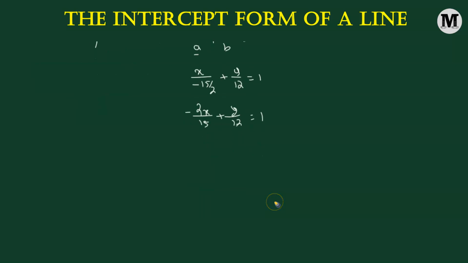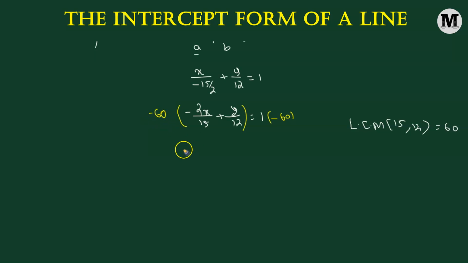We can further simplify. All we have to do is consider the lowest common multiple of 15 and 12. So that's going to be equal to 60. So what we'll do, we're going to multiply both sides of the equation with negative 60. We're doing it with negative 60 so that the coefficient of x becomes positive. We're multiplying negative 60 to the right hand side as well, and that's going to give us, so 15 times 4, that's 60.